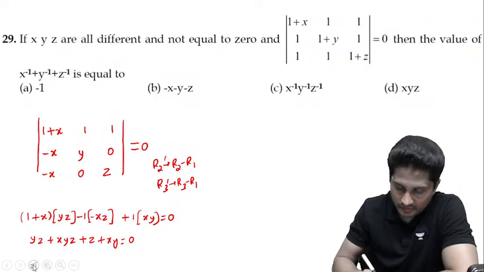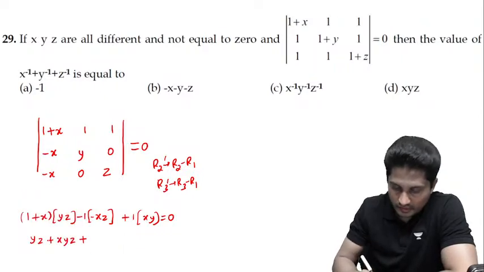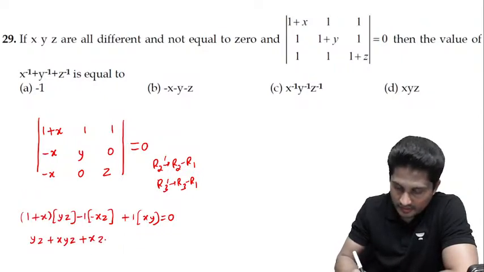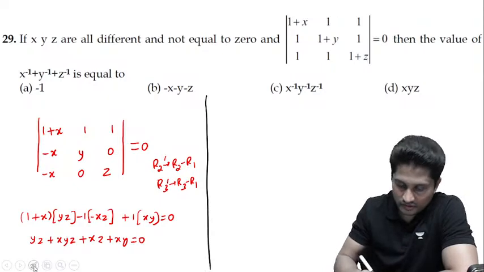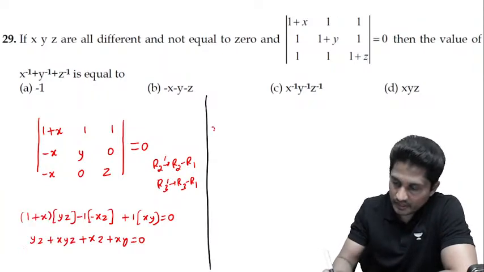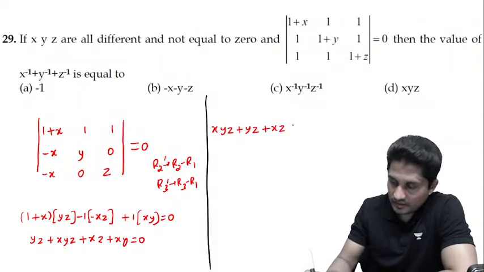Okay, and then this will be equal to xyz plus xz plus xy is equal to 0. Right, so this is equal to xyz plus yz plus xz plus xy is equal to 0.